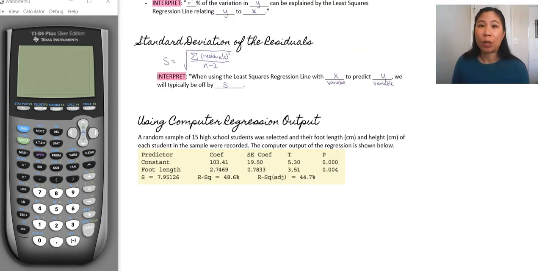Sometimes the problem you're given will be in terms of computer output instead of our usual calculating everything ourselves. So instead of giving you data, you'll be given something like a computer printout. Sometimes it's referred to as Minitab. Minitab is a computer program that basically does what our calculator does, just it can handle more numbers.